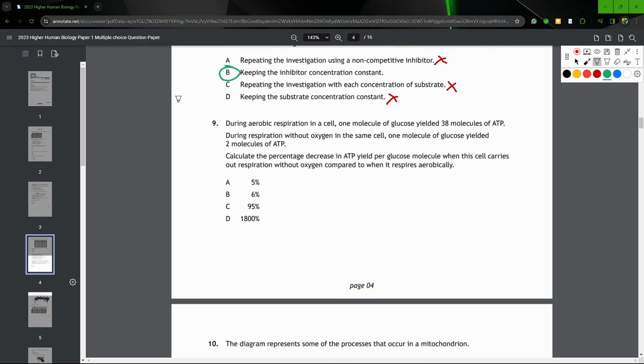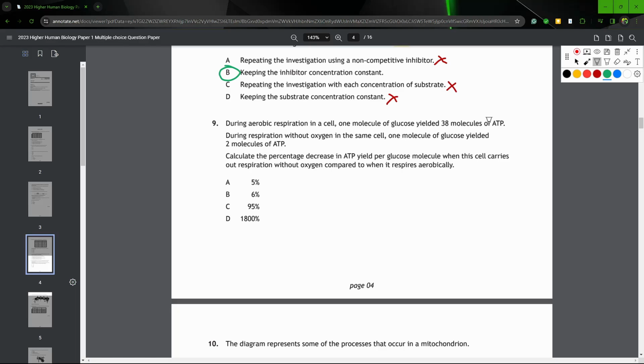Number 9. During aerobic respiration in a cell, 1 molecule of glucose yielded 38 molecules of ATP. During respiration without oxygen in the same cell, 1 molecule of glucose yielded 2 molecules of ATP. Calculate the percentage decrease in ATP yield per glucose molecule when this cell carries out respiration without oxygen compared to aerobic respiration.